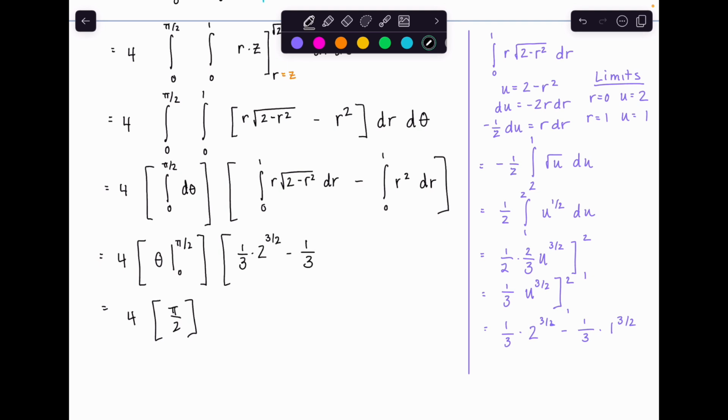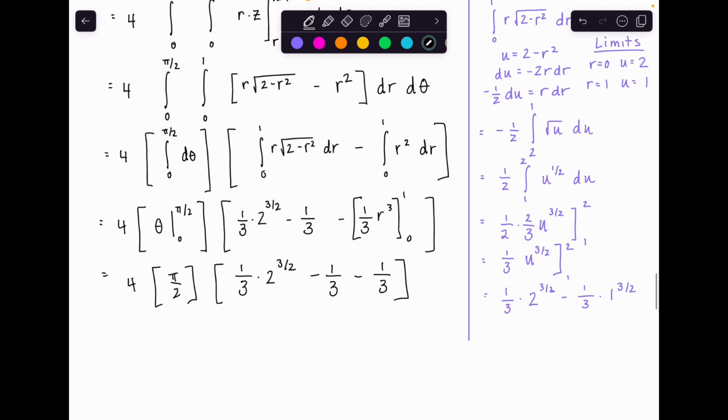Okay. And now I need to go through this integral, and that one's much nicer. Bump the power up by 1, divide by the new power, and then this gets evaluated from 0 to 1. When you plug in 0, it does absolutely nothing. So that's 1/3 times 2 to the 3/2 minus 1/3, and then really minus another third. At this point, you can clean stuff up a little bit if you would like. 4 divided by 2 gives you a 2.